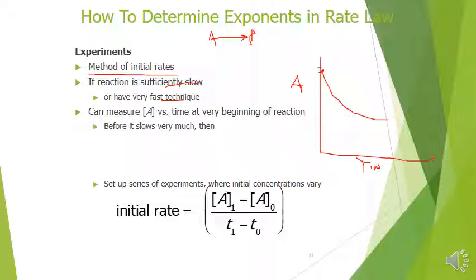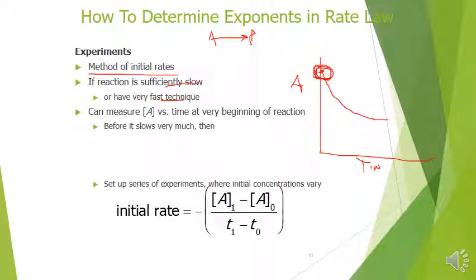And what we want to do is get it right there, so that's the best time to get it. You can get it at other times, but we decided that we would like to have a standard way of figuring out a rate, and that's the initial rate.